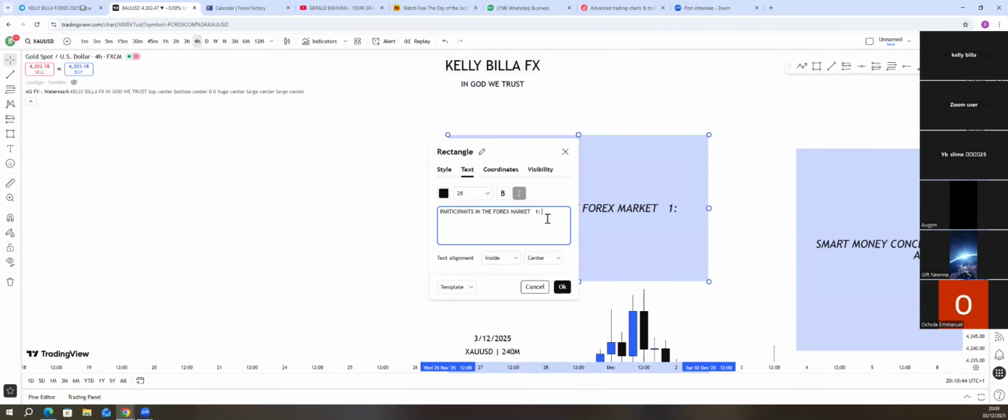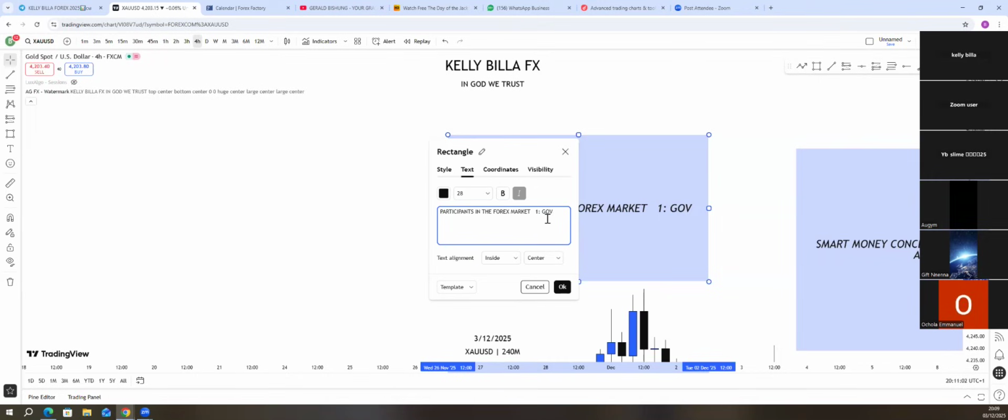Now, forex is basically dealing with currencies. We mostly trade currencies here. So you are trading currencies that belong to different countries.